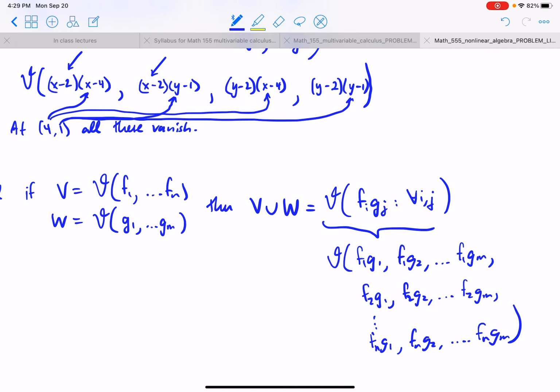That's a lot to write, so instead we just write this: all pairwise products.